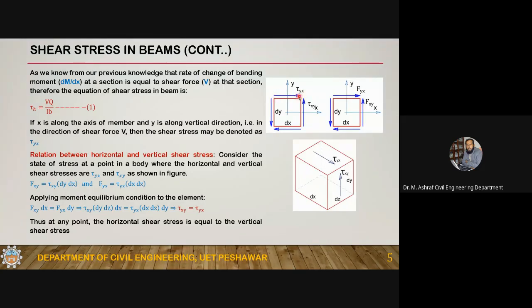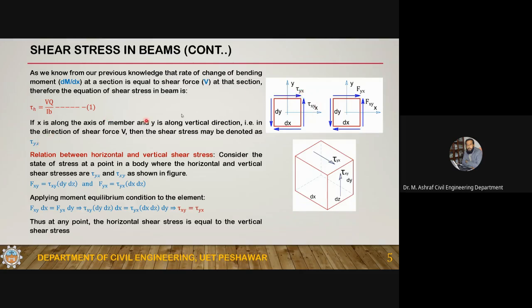If this is the x-axis and this is the y-axis, then you can represent this tau h with this tau yx, because tau h is acting in a horizontal direction but on the y plane. Why is this the y plane? Because its perpendicular is y. So we can represent this tau h as tau yx.